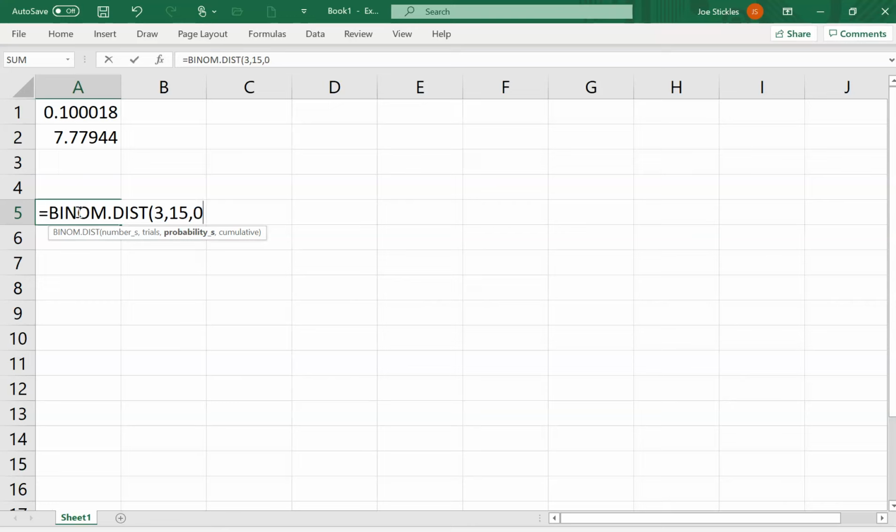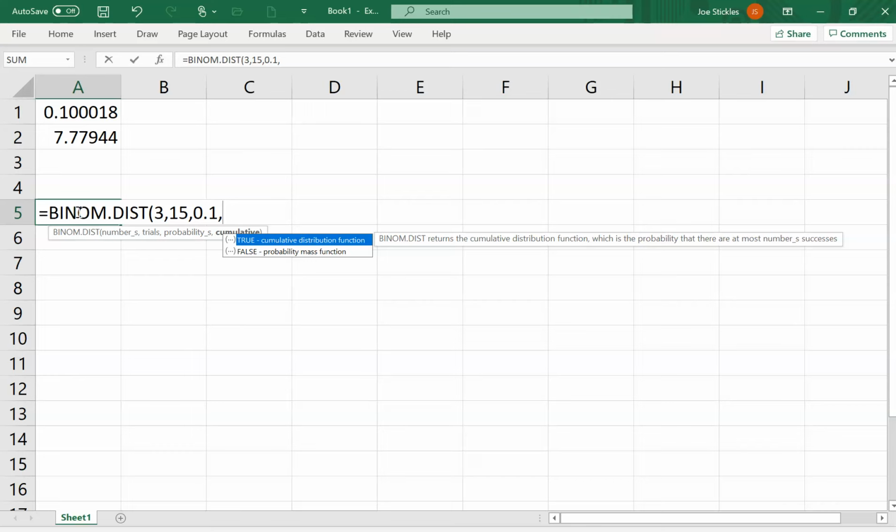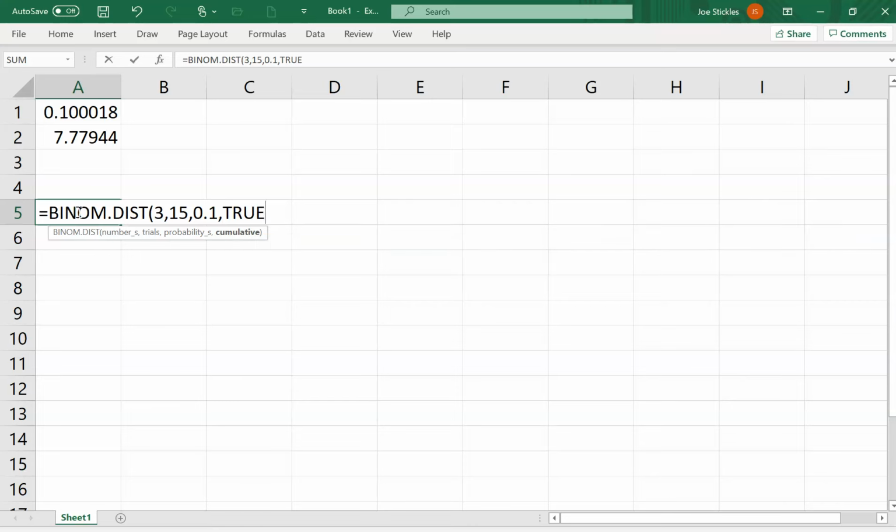Probability of success is 0.1. And in this case we do want cumulative because we want less than or equal to 3, so I'll put true for that. And then Excel can give us all of that fancy information. We get 0.94 repeating.